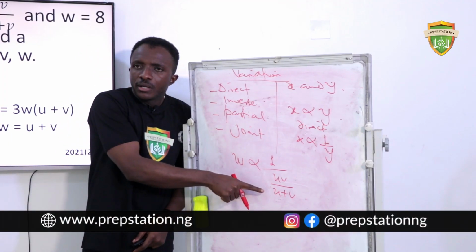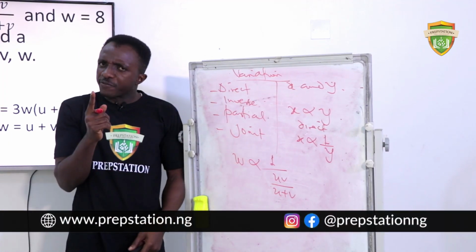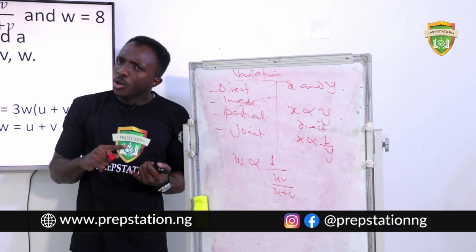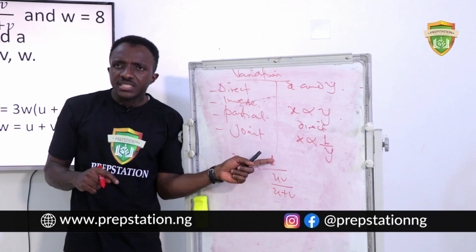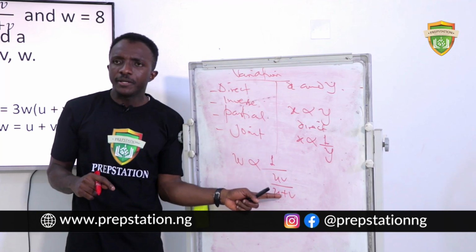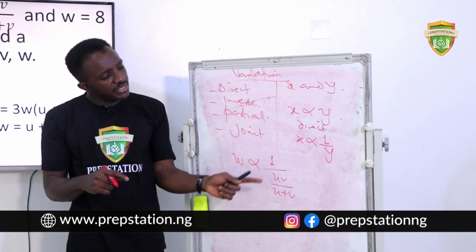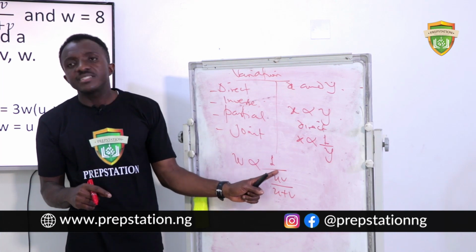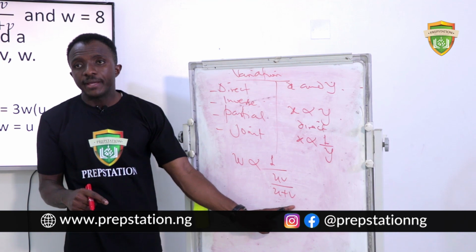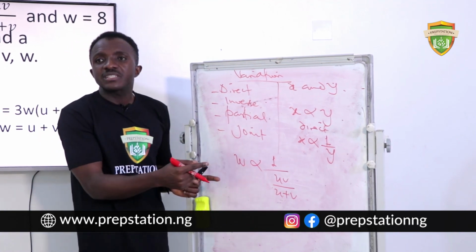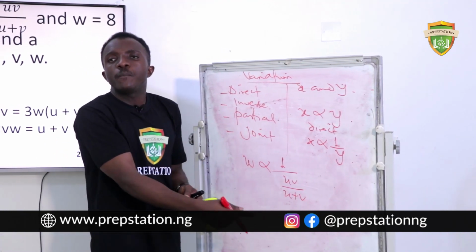This is a fraction. But normally for fractions you should have only a numerator and a denominator. How come we have 3 steps? 1, 2, 3. Now what does it tell you? This is simply telling you that this is the reciprocal of the fraction. Are we okay? So W varies inversely as uv over u plus v.